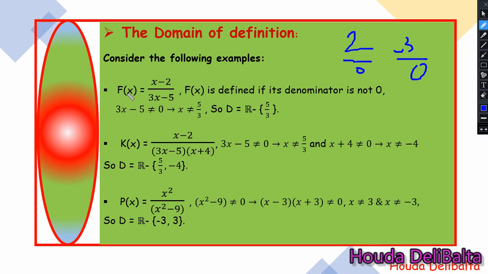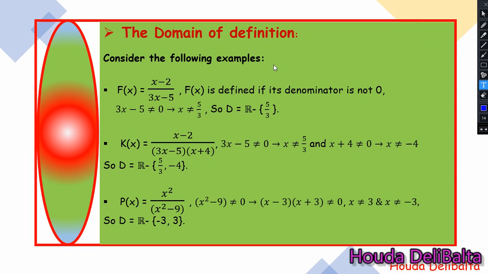F of x in this example is equal to x minus 2 over 3x minus 5. The question is usually to find the domain of definition of f of x, or for what values of x is f of x defined.